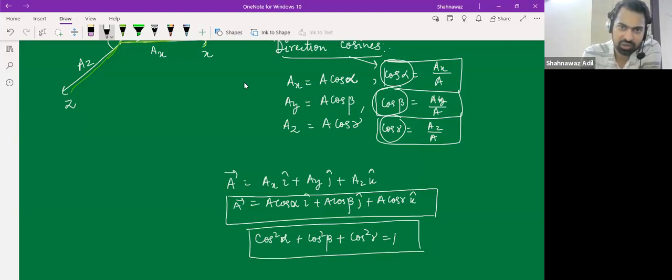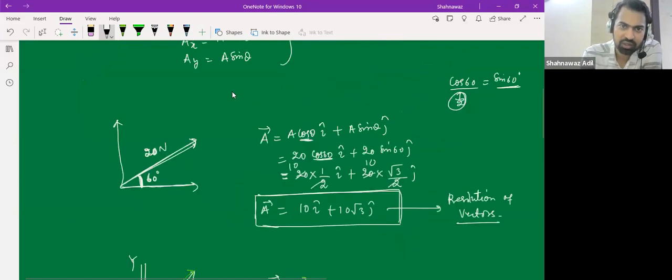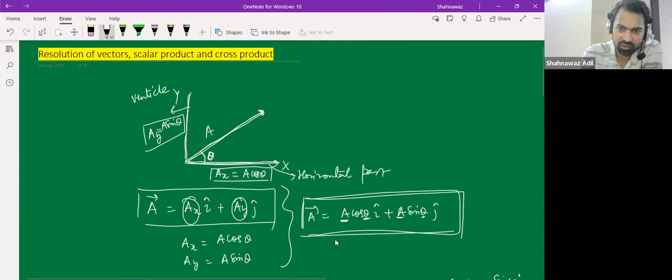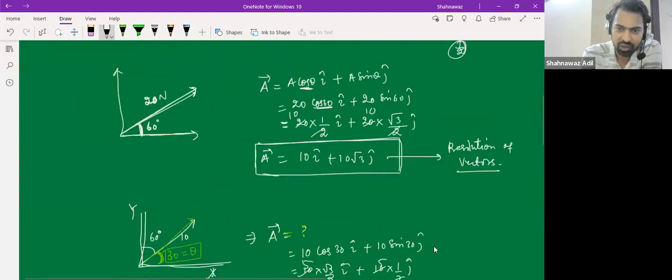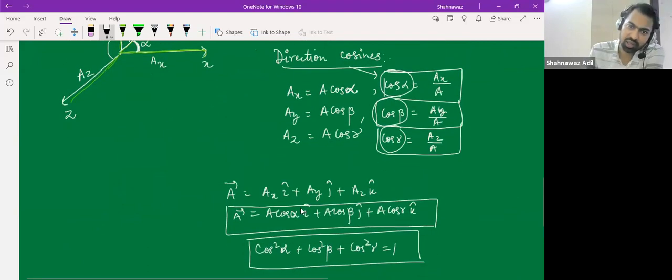For the resolution of vectors, two parts are important. One is for two dimensions, where you have this resolution of vectors. And for three dimensions, you have this one, and you have to remember the direction.